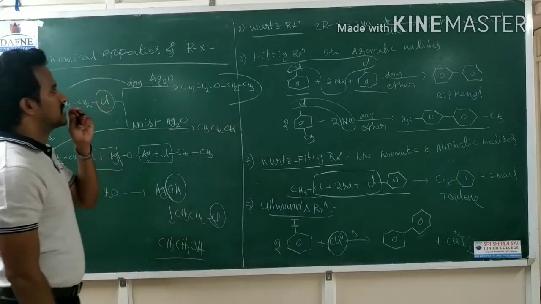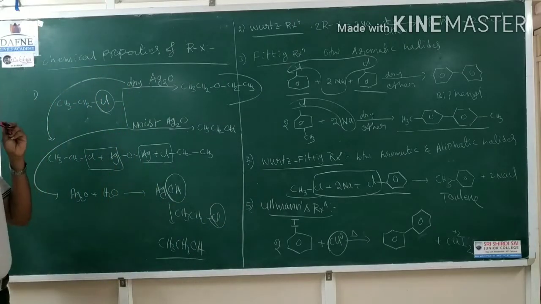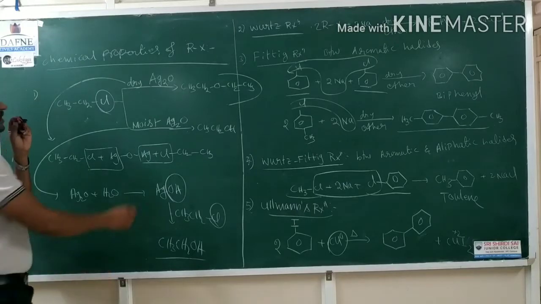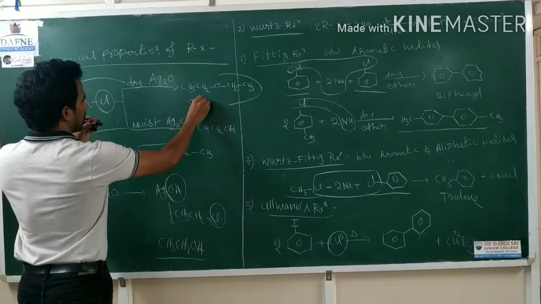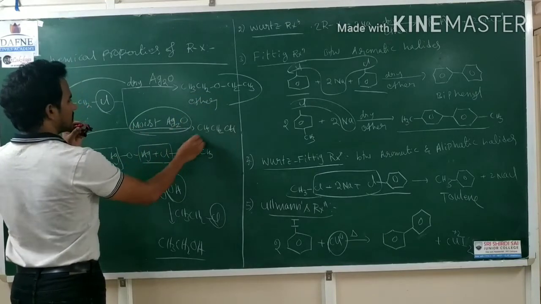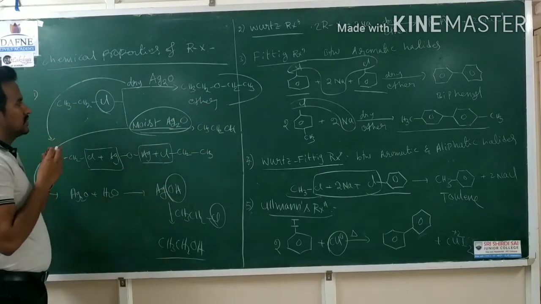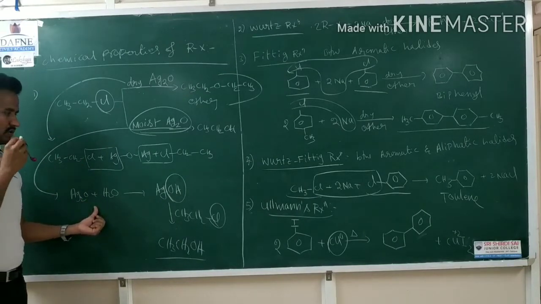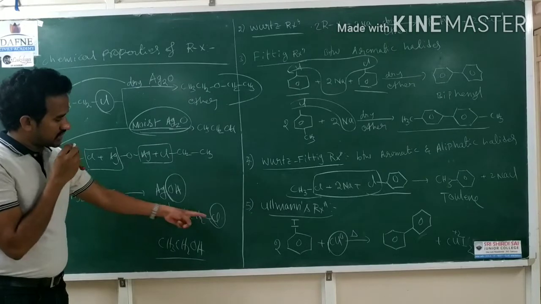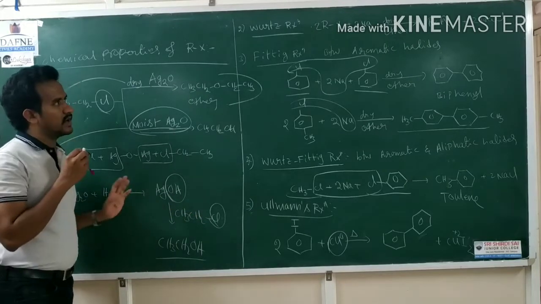Okay, so these are some chemical reactions of alkyl halides. First is the reaction with dry silver oxide. It's very important. With dry silver oxide, ether is the product. With moist silver oxide, alcohol is the product. The silver oxide combines with H2O to give AgOH, so Cl minus is replaced by OH minus.